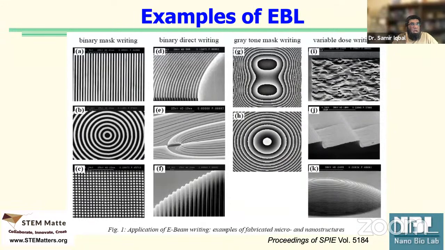More examples of this. Now, it's hard to see the scale bar, but I can read it. This is a 10 micrometer scale bar. So you can see small features here.